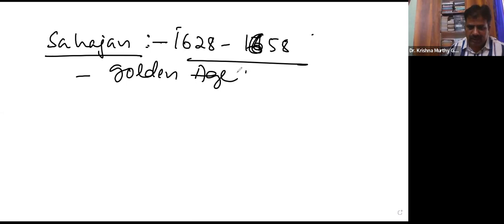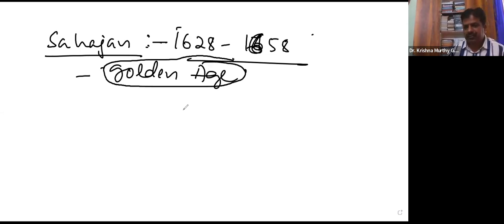It was partially right, not fully right, because only a few sectors progressed instead of the other basic sectors. Only art and architecture, painting, music, dance. So only these sectors flourished very much.